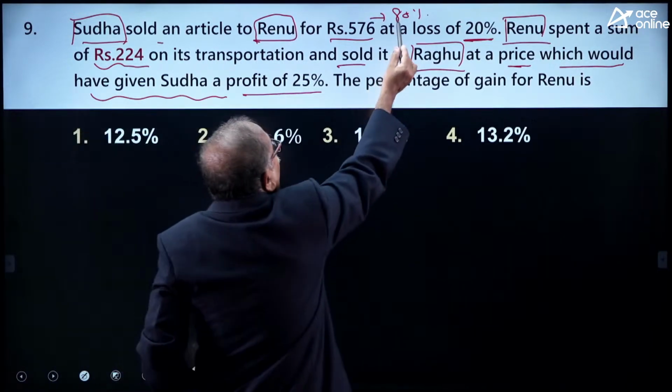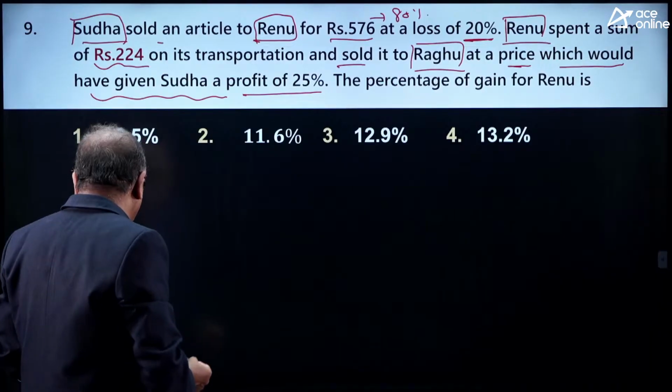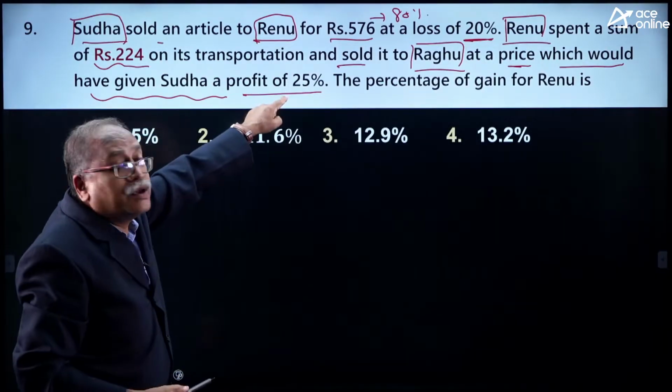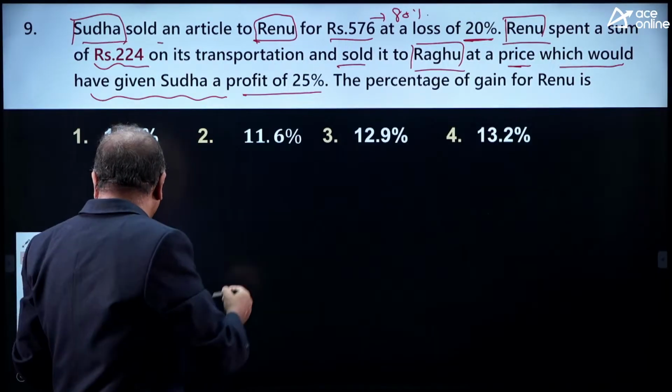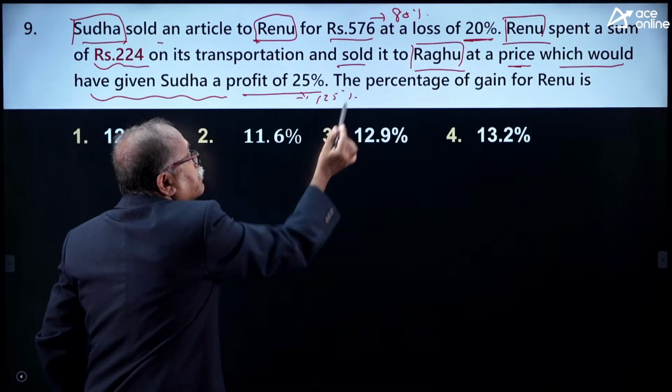So, I already know 80%. Can I find out the 125%? Because here there is a profit of 25%, that means the selling price should be 125%.